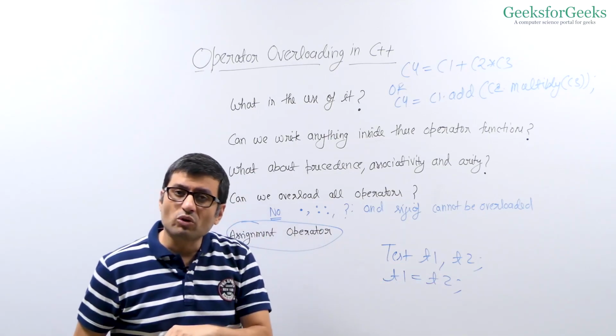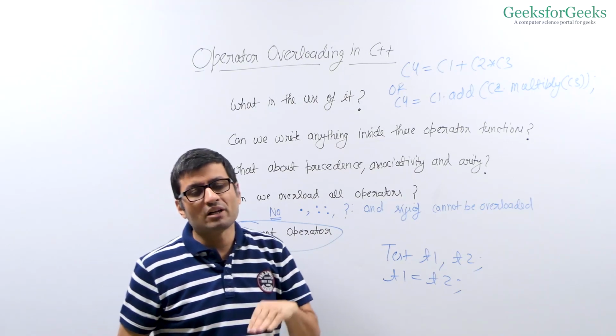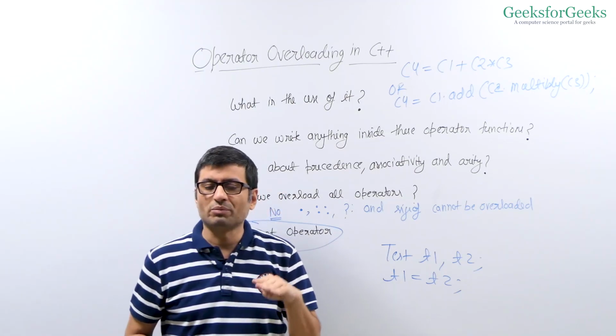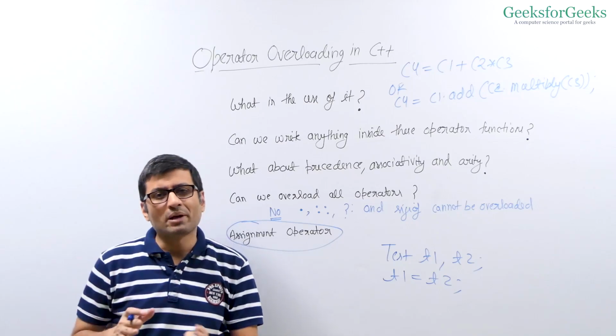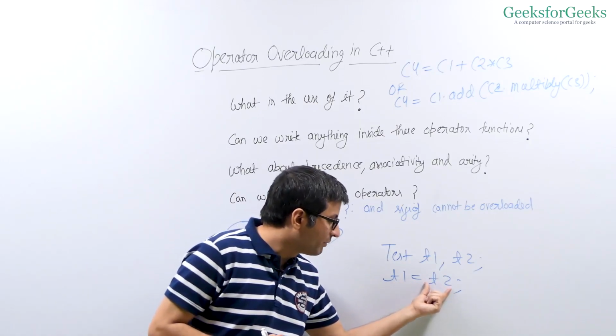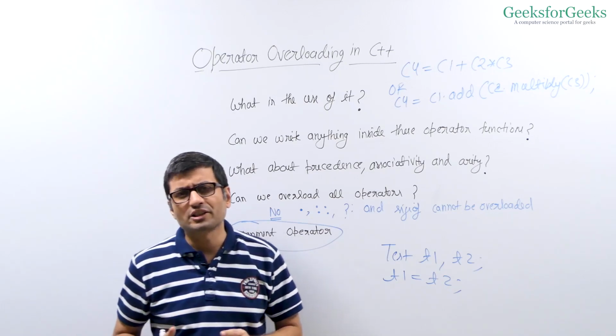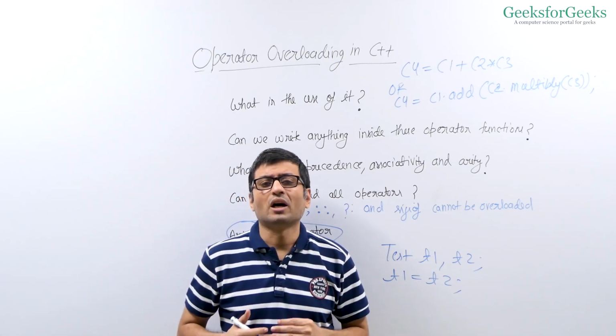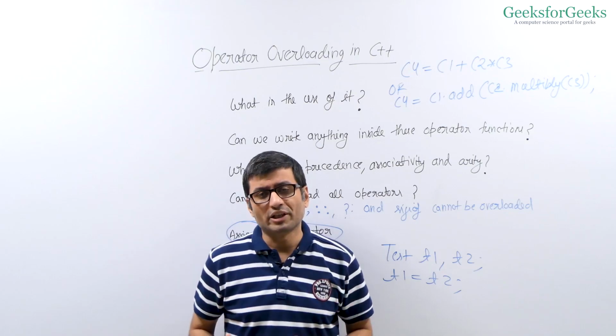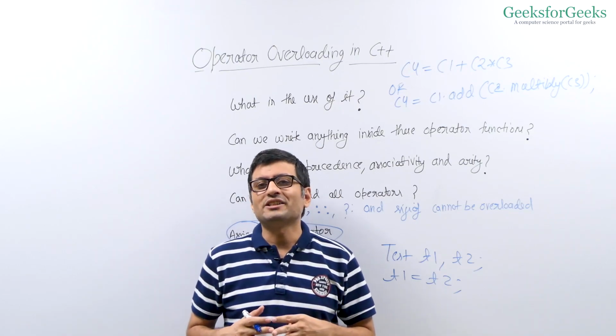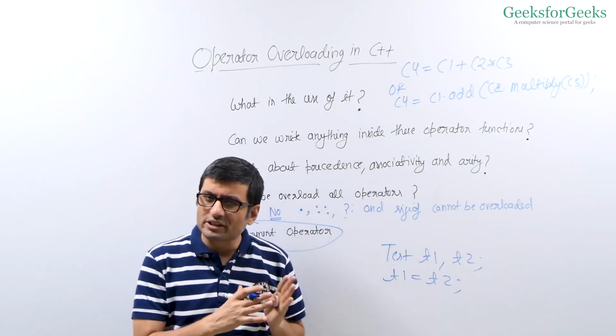So if you do not write your own assignment operator function, the compiler by default creates an assignment operator function that does member by member copy of members of T2 to members of T1. Now the question arises, when do we need to write our own assignment operator? The answer is simple. It's the same as the copy constructor rule.